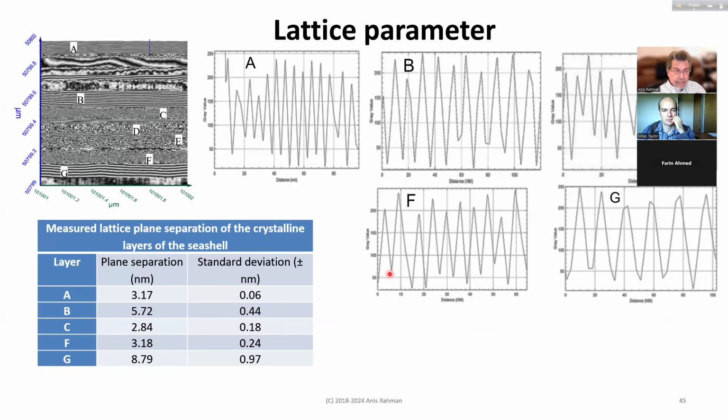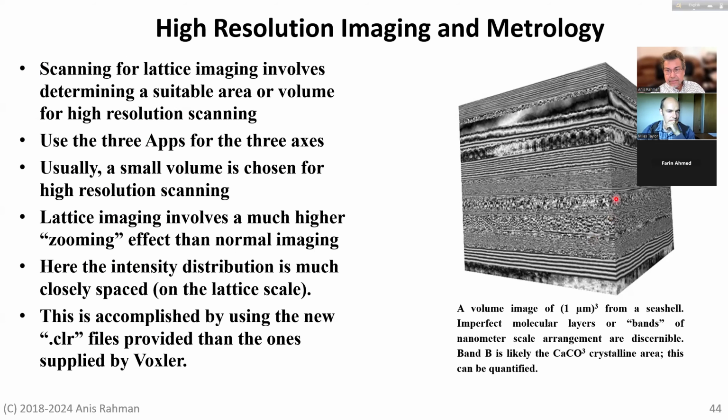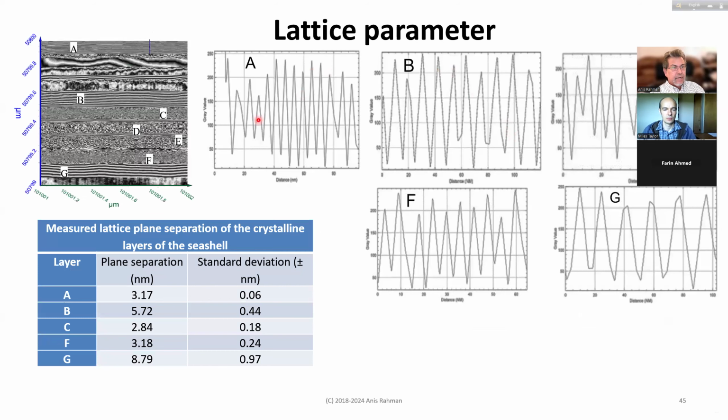So now, if you take only one surface of this volume image, we can take any surface, or you can slice through it. Then we can identify the bands where the crystal structures can be measured. And we have just done that.